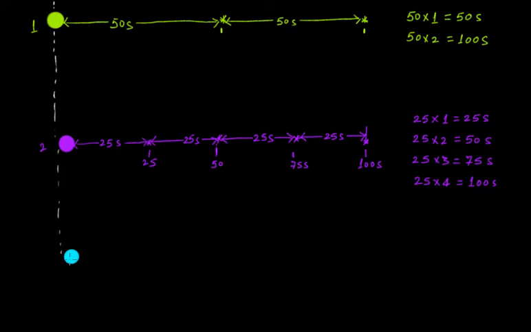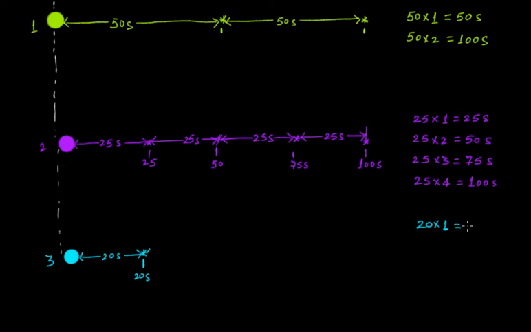For crossing 3, let's assume the traffic signal stays for 20 seconds. At 20 seconds it will change, so 20 times 1 is the first duration of this time interval.